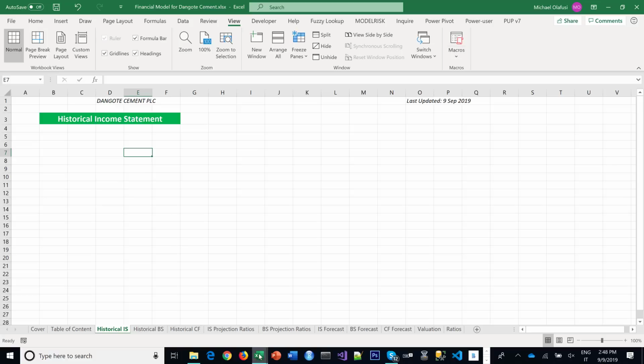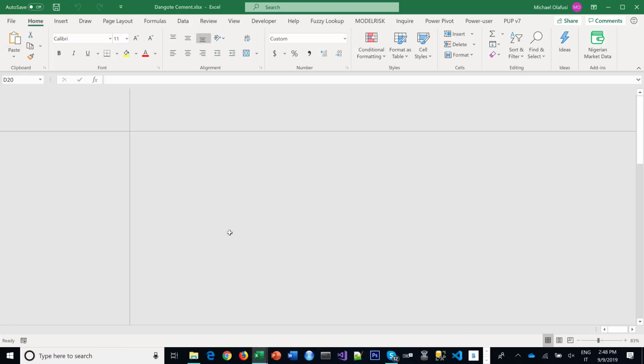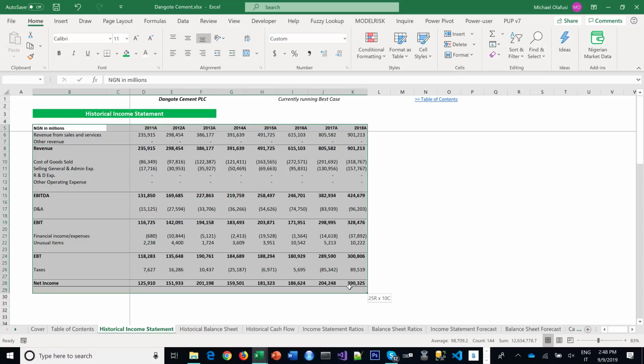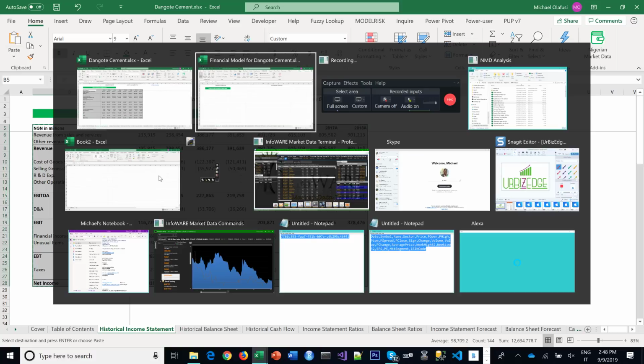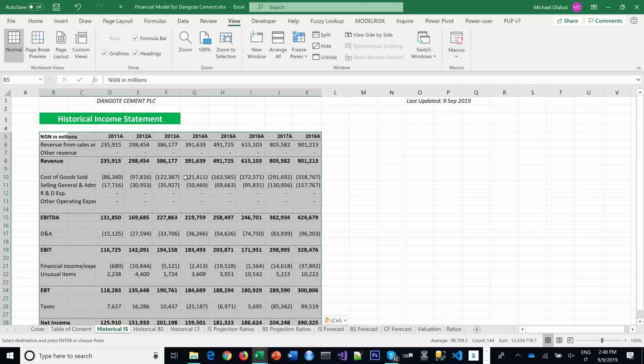I already have extracted it from their annual financial reports for Dangote. Dangote is a publicly listed firm, so all of their financial statements are publicly available. You just go to their website, investor relations, and you can download. So I've already done all of that extraction. I'm going to just copy and paste.